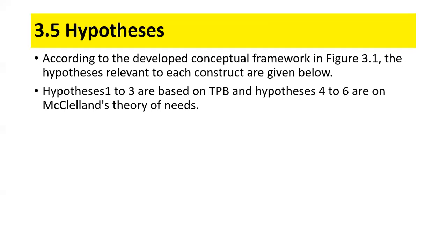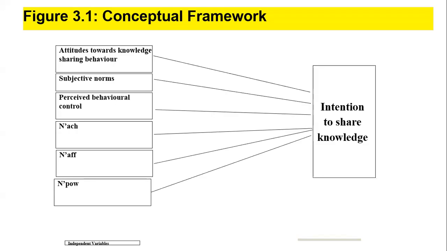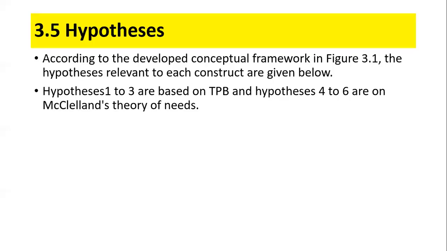According to the developed conceptual framework in figure 3.1, the hypotheses relevant to each construct are given below. Hypotheses 1 to 3 are based on the theory of planned behavior, and hypotheses 4 to 6 are based on McClelland's theory of needs.